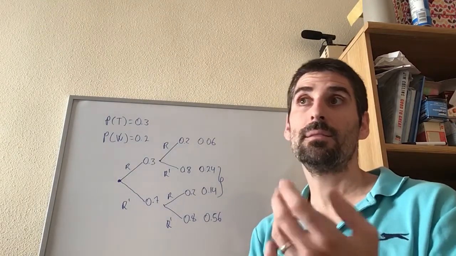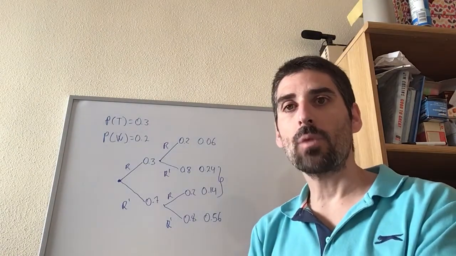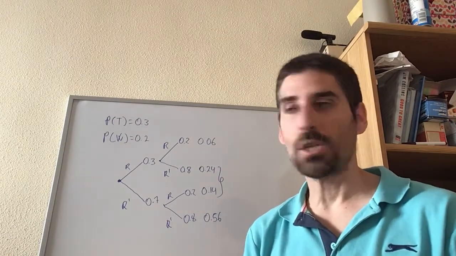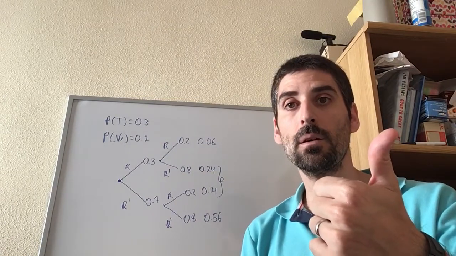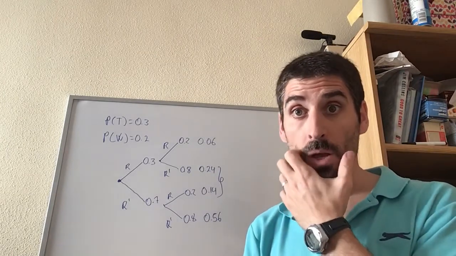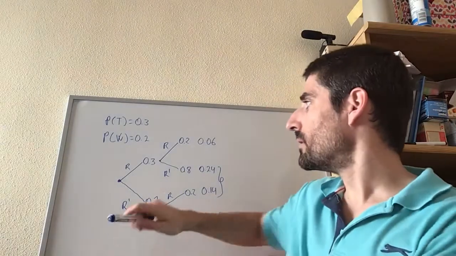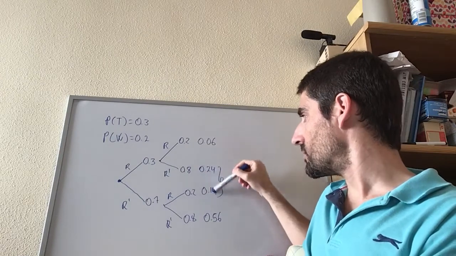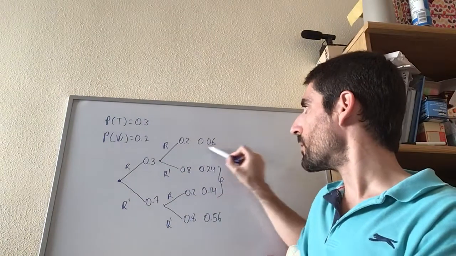And finally, another typical question they ask is, what is the probability that it rains on at least one day? So you need to be careful with the English. At least one day means that it rains on only one day, or it rains on both days, because at least one could be one or two. So the probability that it rains on at least one day could be only one day, which is these two probabilities here, or the probability that it rains on both days.